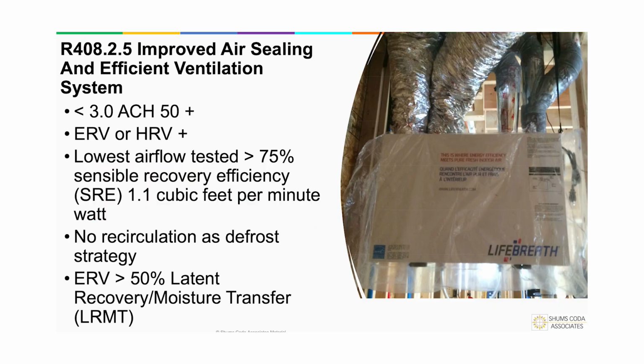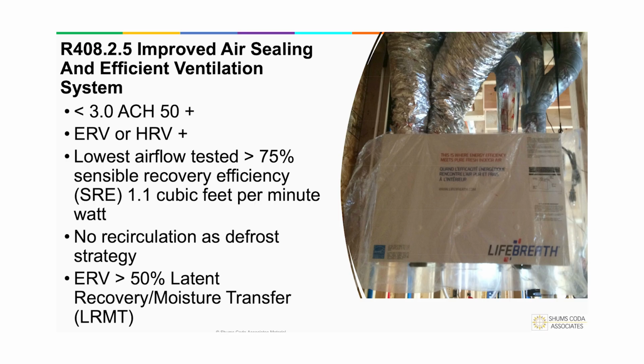Now, here's one that I think would be a good one for all of you up here that have to have an ERV or an HRV, so Climate Zone 7. Climate Zone 6, this is still a really good option if they're doing balanced ventilation. And what this is basically, you're going to have improved air sealing and install an ERV or HRV.